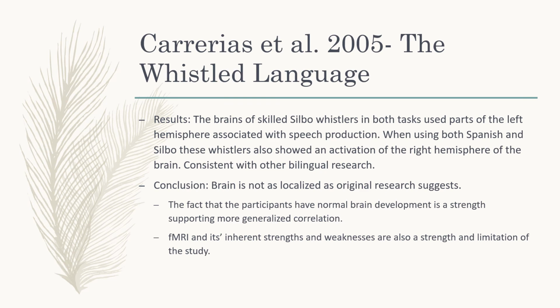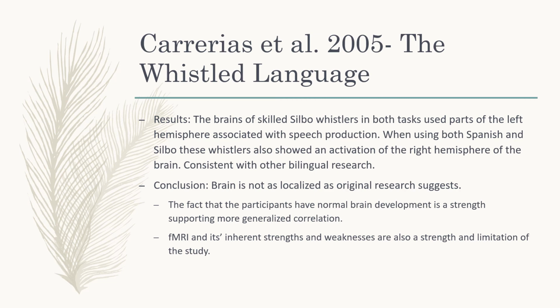So the results of these baseline scans and the active scans showed that Silbo whistlers in both tasks used parts of the left hemisphere associated with speech production. Those who were using both Spanish and Silbo showed an activation of the right hemisphere.